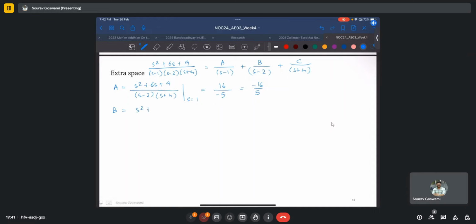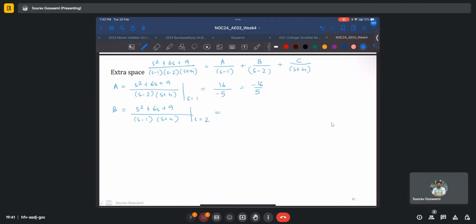B is equal to s square plus 6s plus 9 by (s minus 1)(s plus 4), with this expression evaluated at s equals 2 because 2 is the root corresponding to B. This is equal to 4 plus 12 plus 9, 25, by 6.